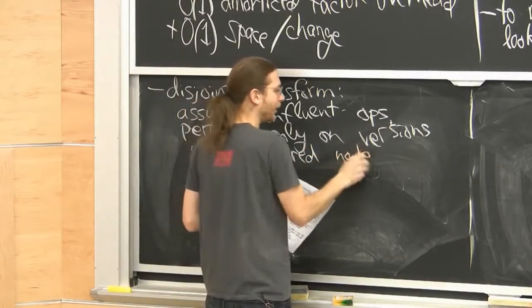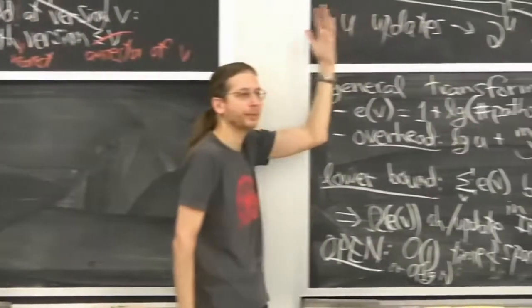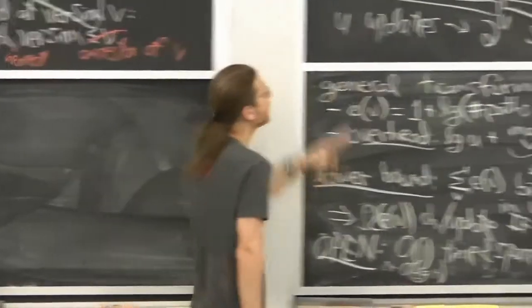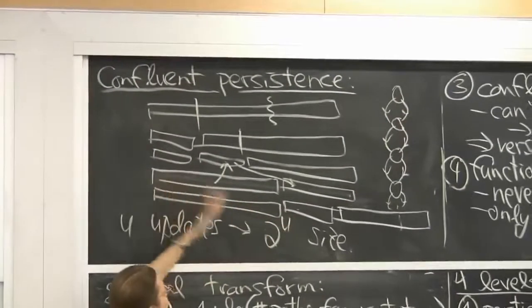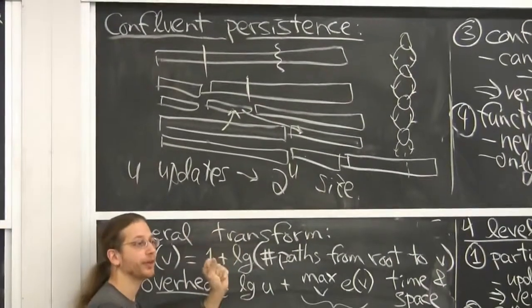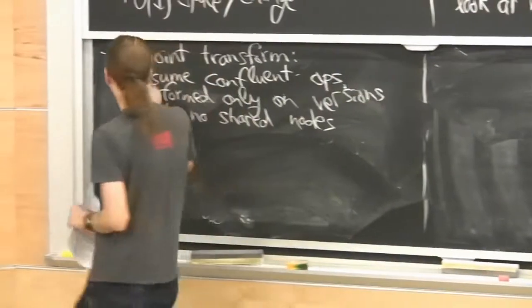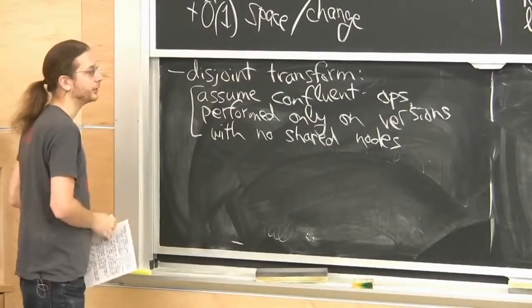Okay, this would be a way to forbid this kind of behavior where I concatenate the data structure with itself. All the nodes are common. If I guarantee that maybe I slice this up, slice it, dice it, whatever, and then remerge them in some other order, but I never use two copies of the same piece, that would be a valid confluent operation over here. This is quite a strong restriction that you're not allowed.